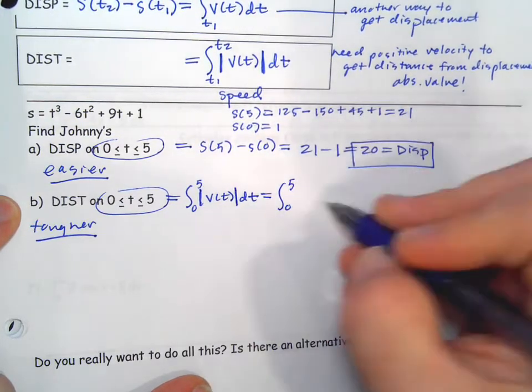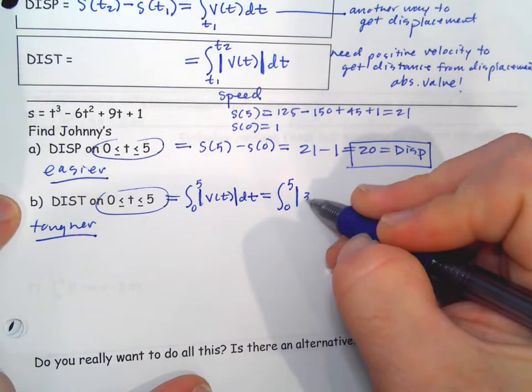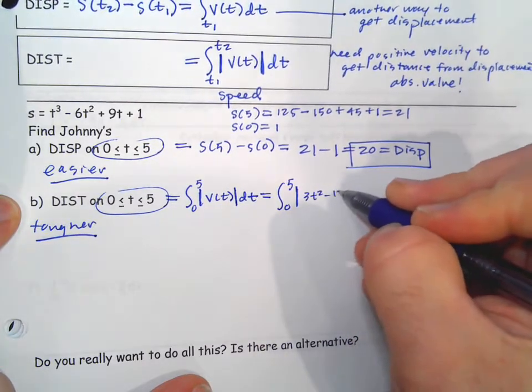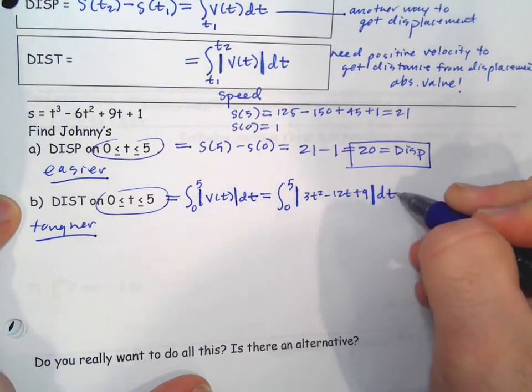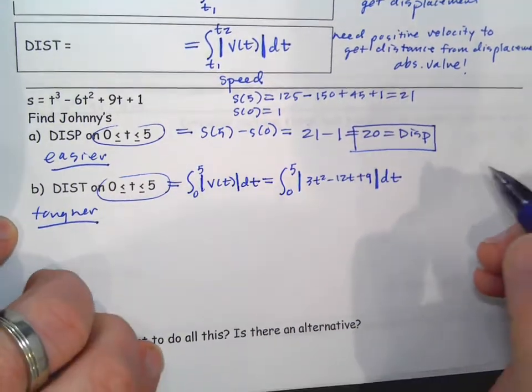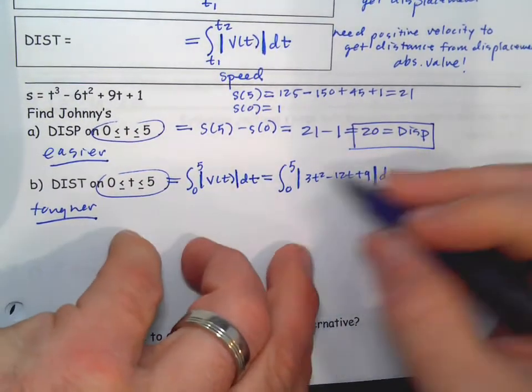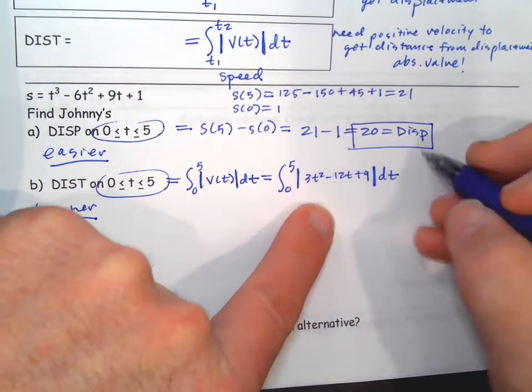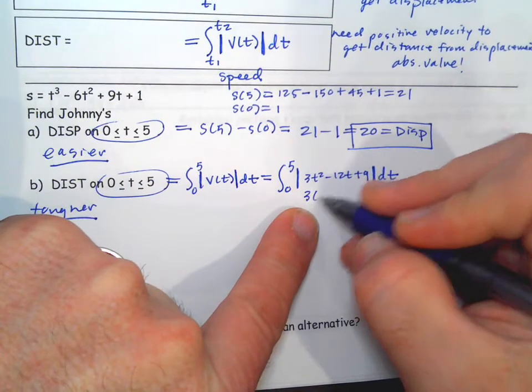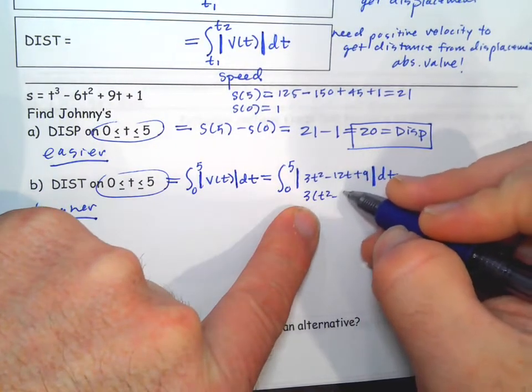The velocity is 3t squared minus 12t plus 9. And you guys remember, the way we do this is we break this up into its positive and negative chunks, integrate them separately, and fix the negative chunks. The way we do that is we find the zeros first.